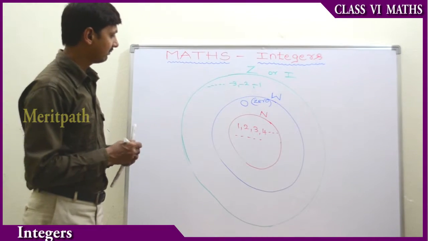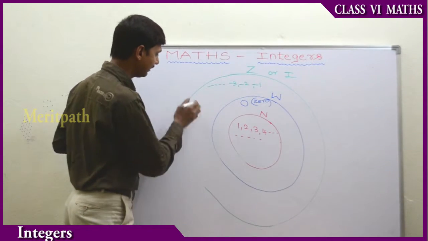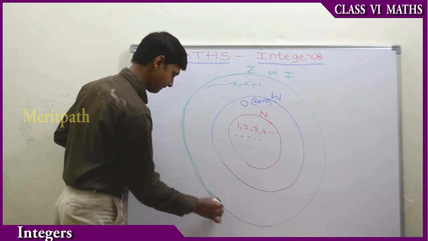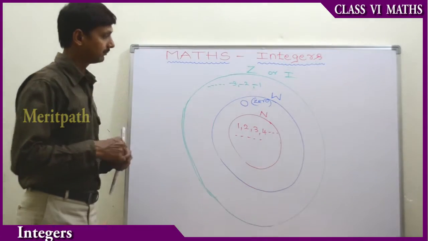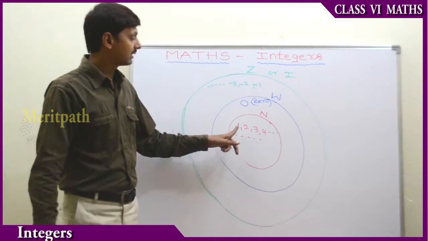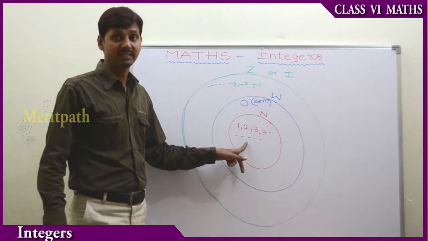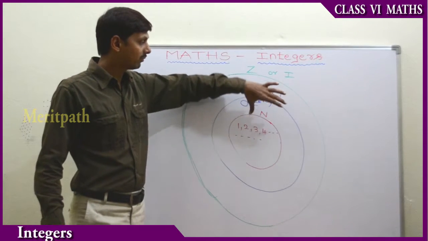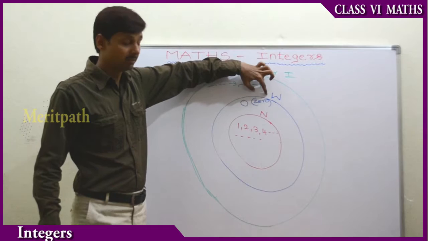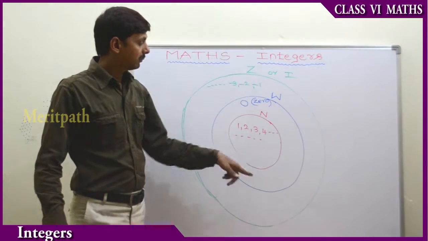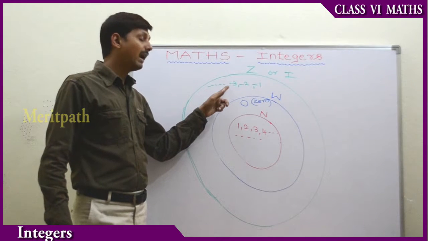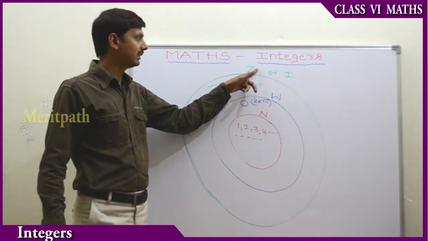So what we have discussed up to now is: natural numbers start with 1, 2, 3, 4, 5, 6 and so on and are denoted by capital N, and natural numbers along with 0 are called whole numbers, and the positive numbers along with 0 and negative numbers are called integers.